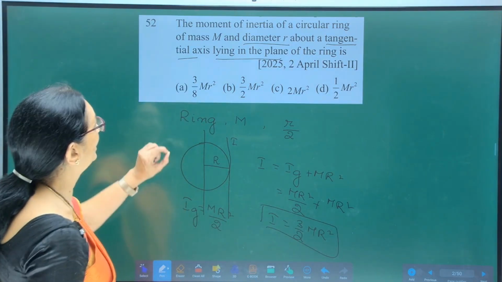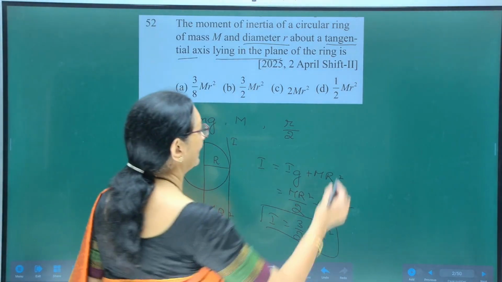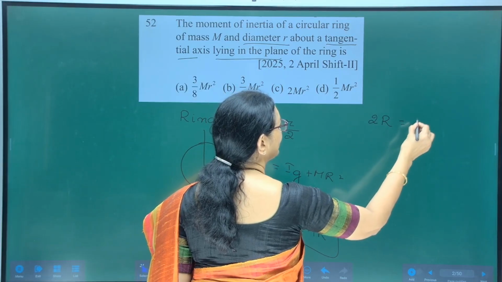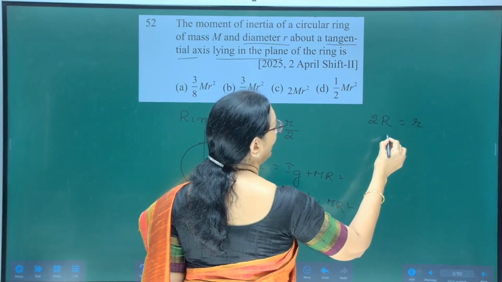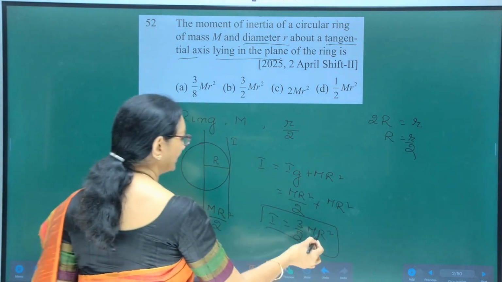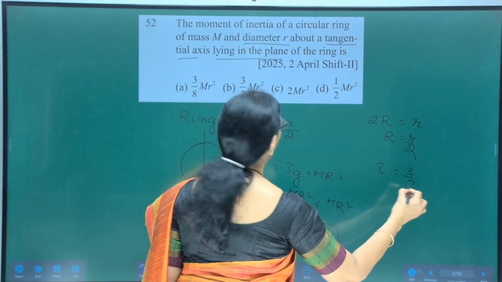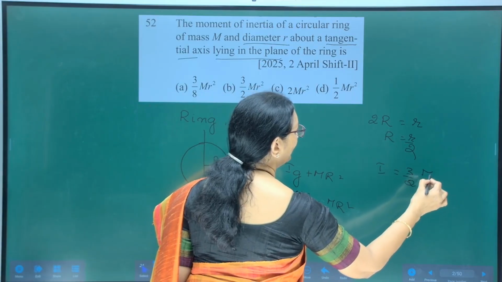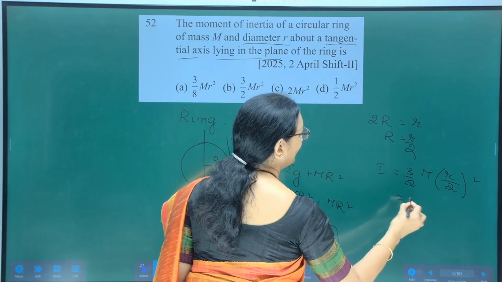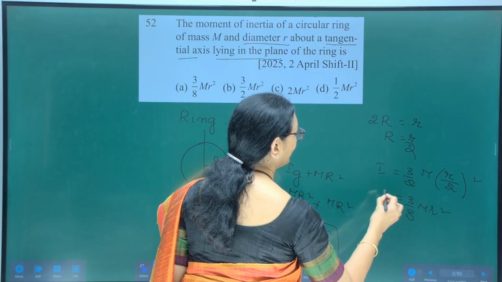Now, look here, diameter is given as small r. So, diameter 2R is equal to r, so R is equal to r by 2. Substituting that here, I is equal to 3 by 2 m times r by 2 whole square. It is 3 by 8 mr square.